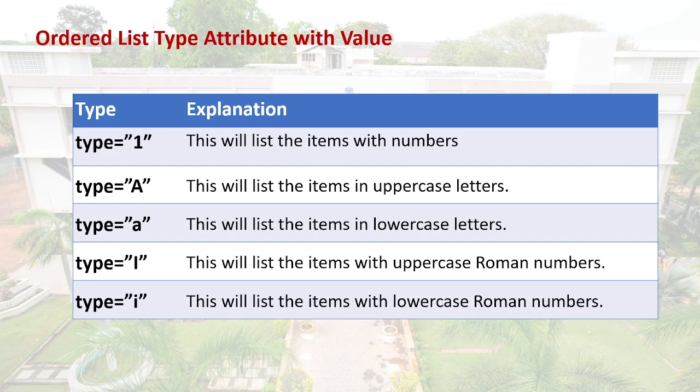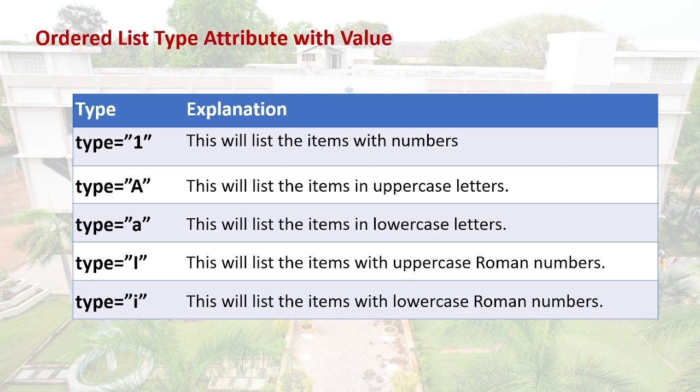The third type is equal to small a. This is used for lowercase letters. This type displays the list items using lowercase letters like small a, b, c, etc. It is often used for sublists or sections or subsections.